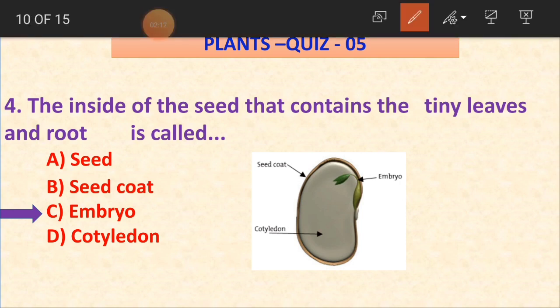It is the embryo. If we sow a seed inside the soil, then we will see the small tiny leaves and roots, which are inside the seed, start growing. From there it starts growing, and this part is called the embryo.